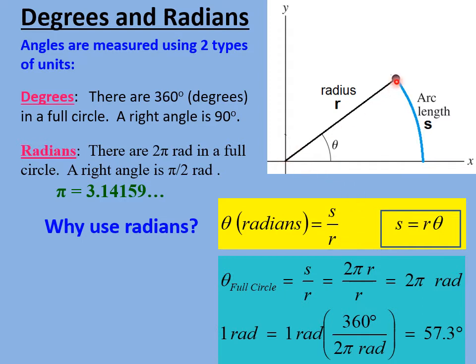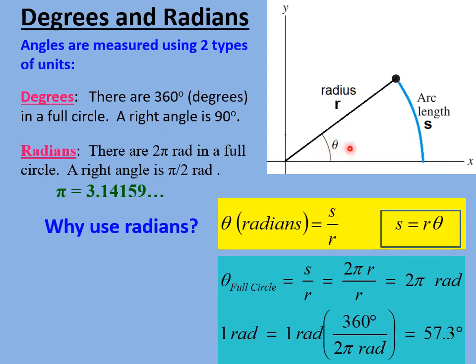So remember, here is our object up here. It's a radius R from the center of the circle. This length here that it has basically traveled along this arc length S is a distance. So the ratio of this distance S to this distance R gives us how many radians theta is.